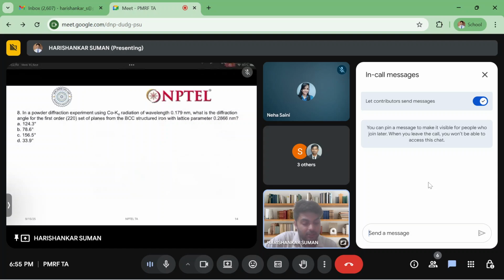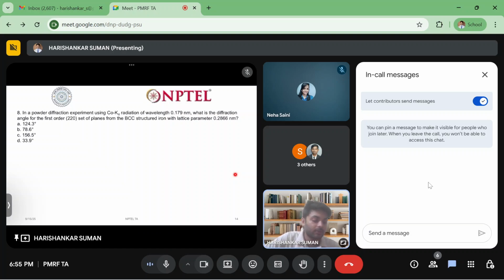Now next question. The powder diffraction experiment using copper K alpha radiation, wavelength 0.179 nanometer. What is the diffraction angle for the first order n equal to 1, and HKL are given, for the body centered cubic structure iron with the lattice parameter given.